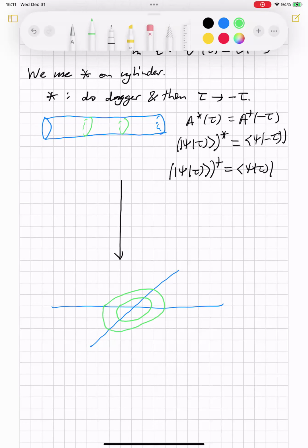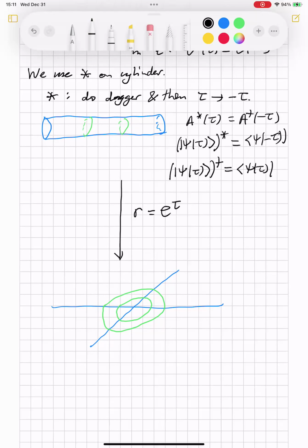And so now on the plane, how do we define dagger? Well, the coordinate transformation that we use to go from the cylinder to the plane says set r equal to e to the tau. So this is the relation between r and tau.